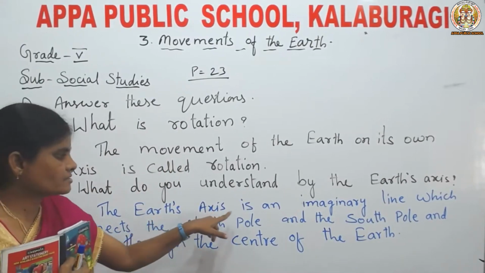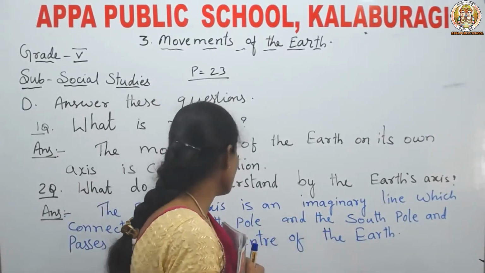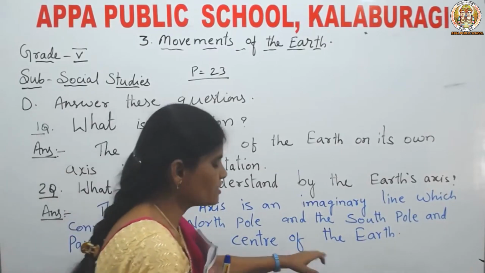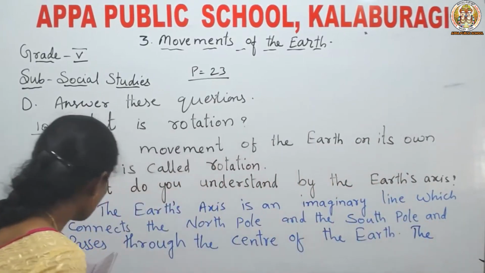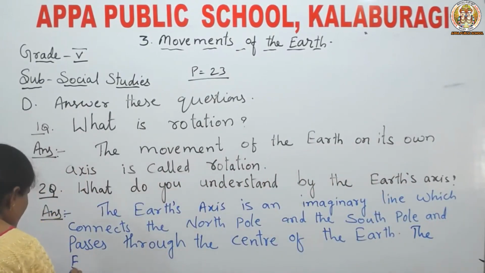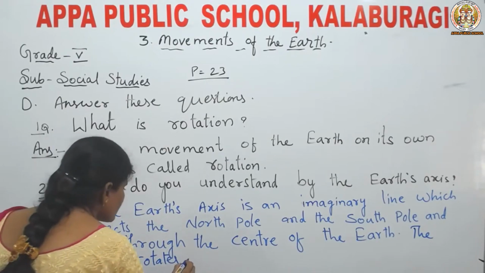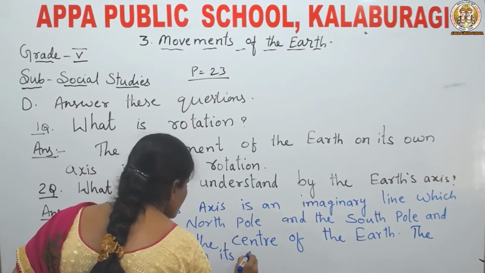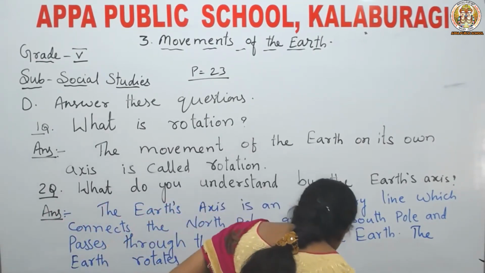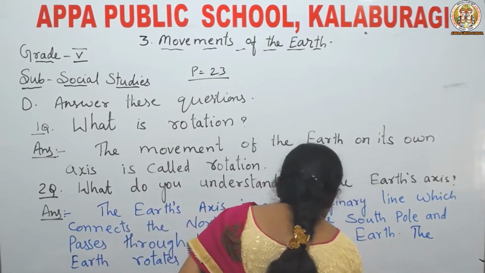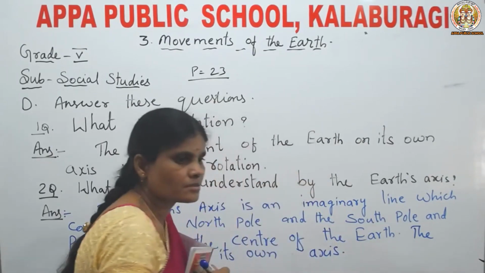Say, the Earth's axis is an imaginary line which connects the North Pole and the South Pole and passes through the center of the Earth. The Earth rotates on its own axis.